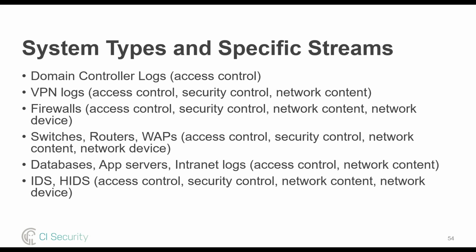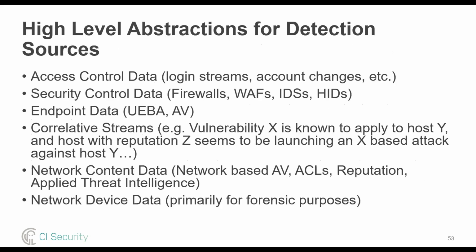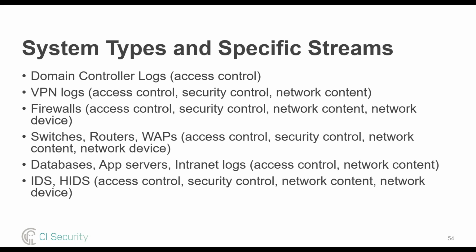Your domain controller logs, VPN logs, firewalls, switches, databases, and IDS and HIDS. These are, by the way, both of these screens, ranked, at least in my opinion, in terms of level of importance. And then, of course, in this screen, you also have the attack framework classification for each of these source types.